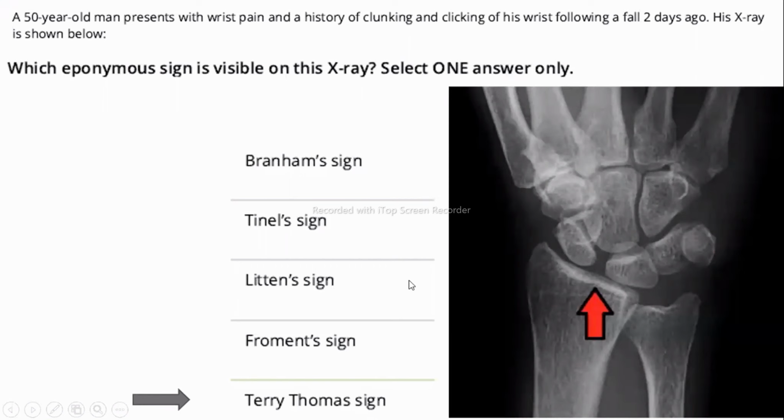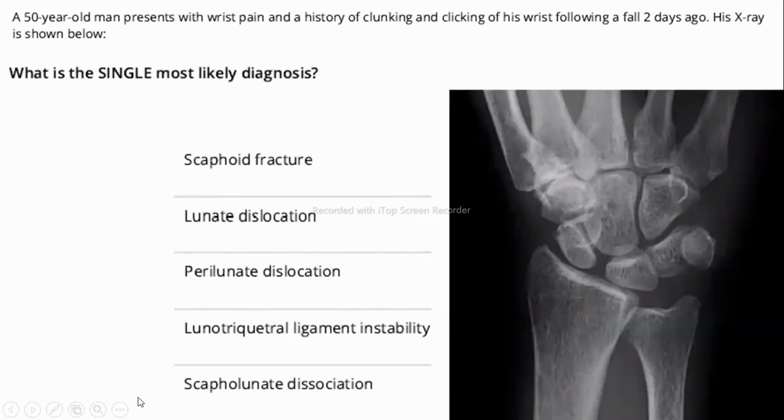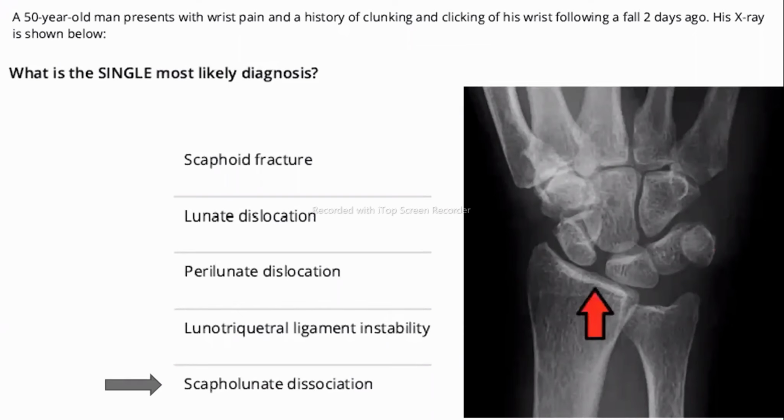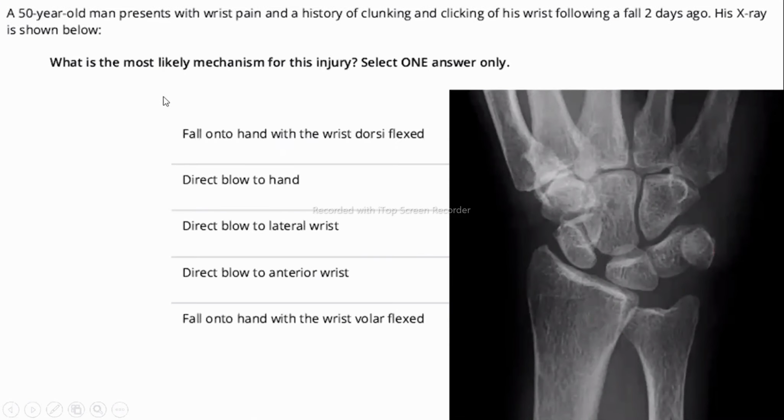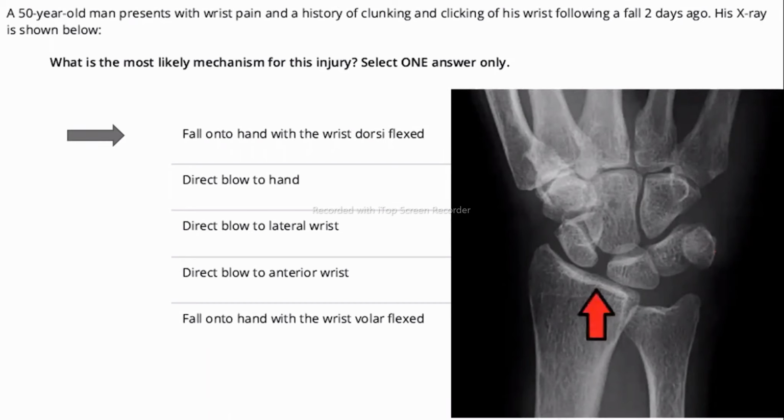So what is the option here? Scapholunate dissociation. Yes, scapholunate dissociation. Okay. What's the most likely mechanism of this injury? Fall on hand with wrist volar flexed. Okay, fall on hand, wrist dorsiflexed.